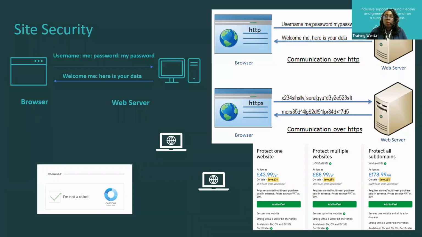So let's talk a little bit about site security, because a lot of you will be familiar with these captchas that we often see, these little signs to ensure that we're not a robot and we're a real person. It'll tell you to identify how many traffic lights you can see in the picture, or how many zebra crossings, or how many mountains or caves or whatever it is that they ask you, because they're trying to identify that you are definitely a real person.